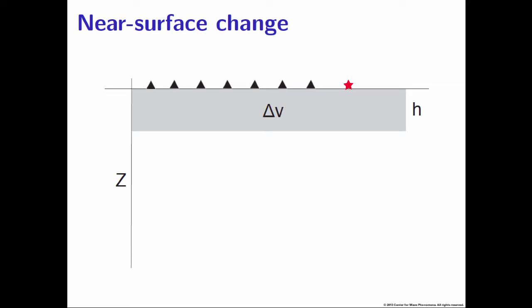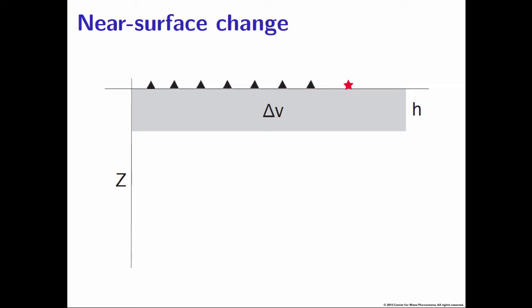And we made another assumption that this velocity change is uniform within the subsurface, so that the amount of the velocity change is defined by the magnitude of the velocity change, delta V, and also the depth extent of the velocity change given by h edge.